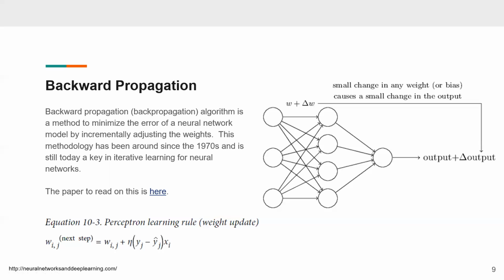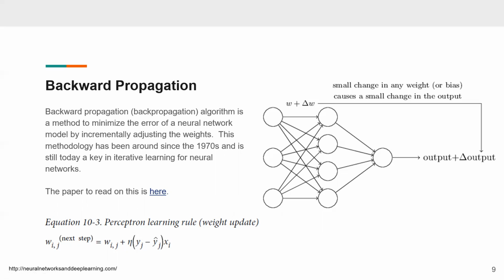So if we are able to figure out the relationship between a small change of the weight and the impact on the output, then because we already know how much the output differs from the actual observation, we would be able to come back and think, okay, let's adjust the weight correspondingly to move in the good direction to match the output. So that's really the general idea.